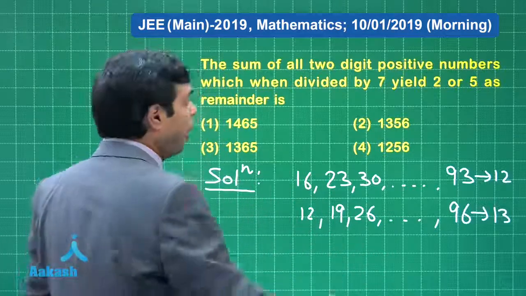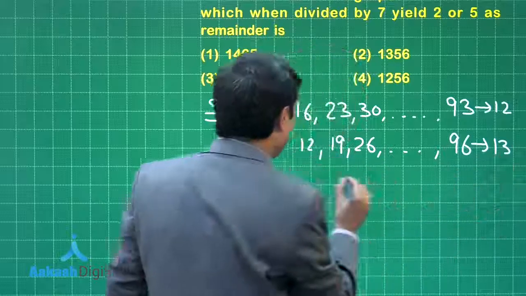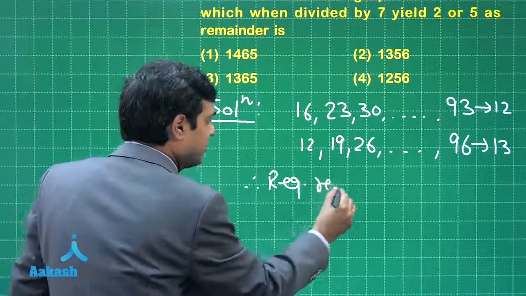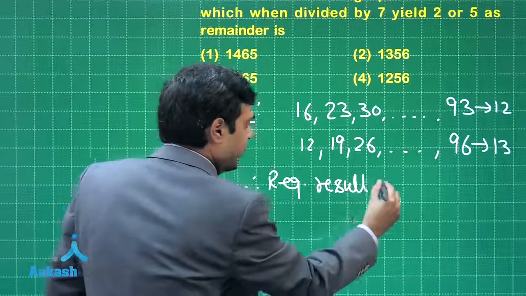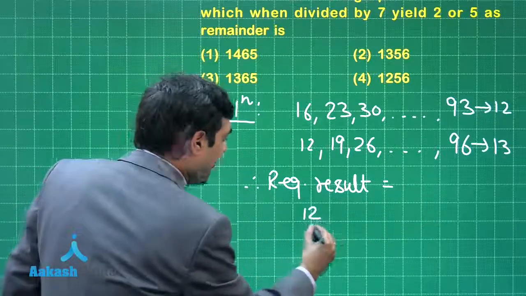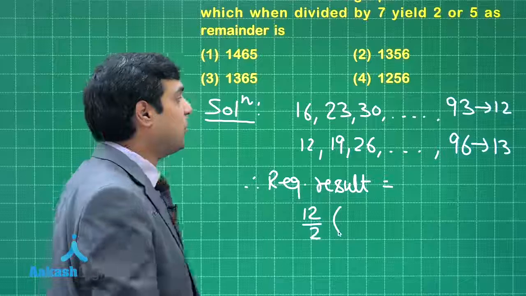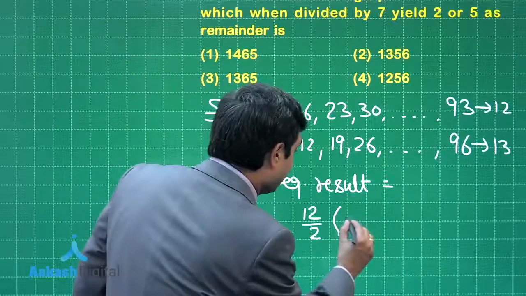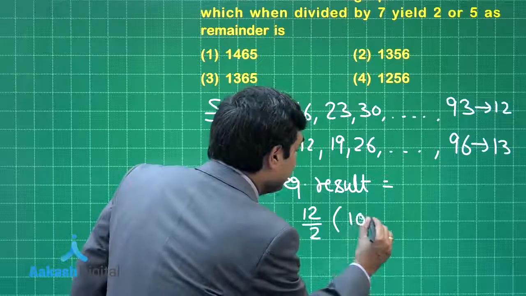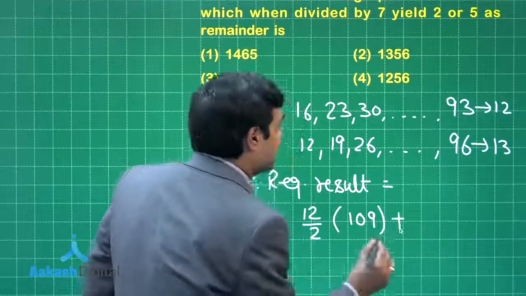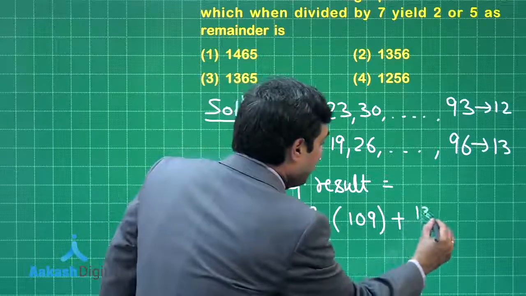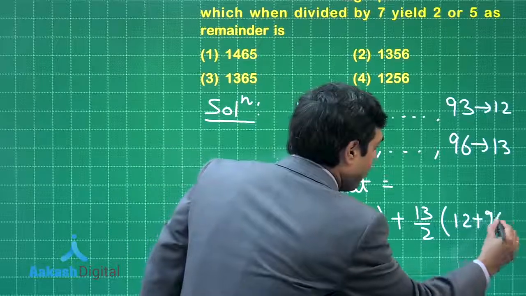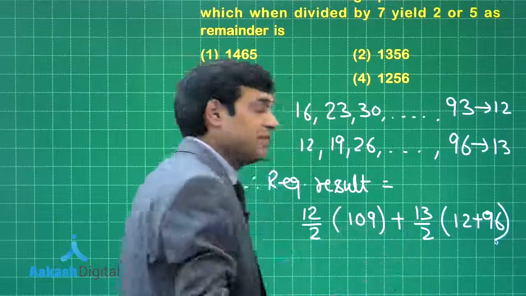So the sum of all these numbers when we find, therefore the required result is equal to 12 by 2 into a plus l, that is 16 plus 93, or it is giving us 109, plus 13 by 2 multiplied with 12 plus 96, or you can directly say it is 108.